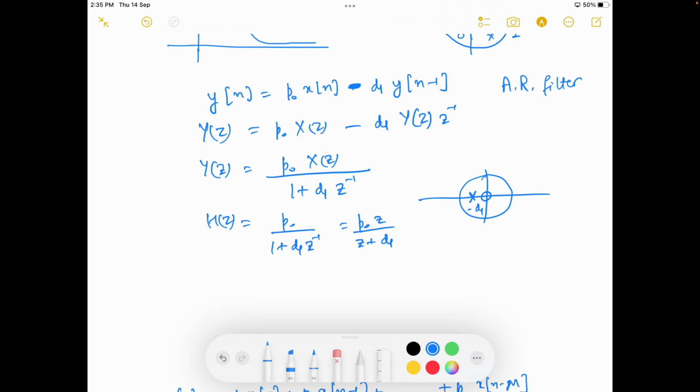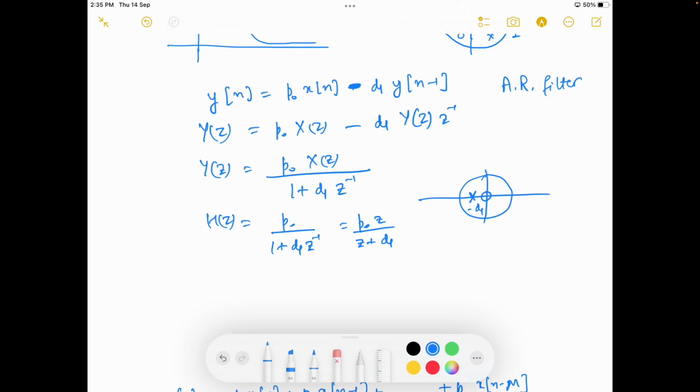What is the size of memory needed to implement this filter? This simple filter: y of n is p naught x of n minus d1 times y of n minus 1.